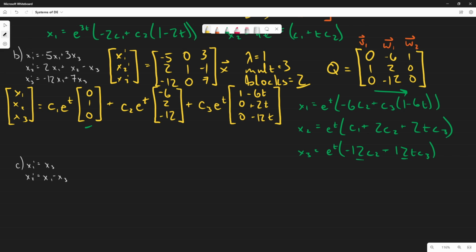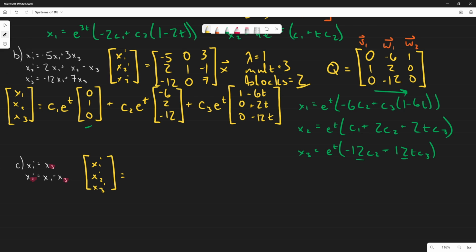And then our last example looks like 2 equations, so a 2 by 2. But if you look carefully, hopefully you see it, this is x3, then this is x2 prime. So this is a 3 by 3 matrix. That means when we put this in matrix form, we will have to put x1 prime, x2 prime, and x3 prime.